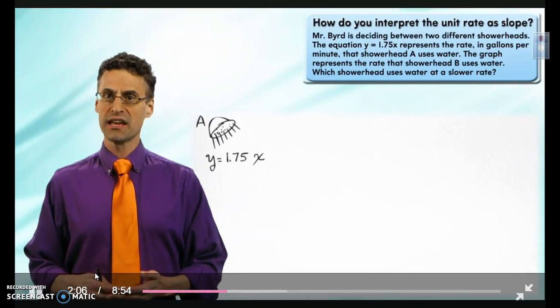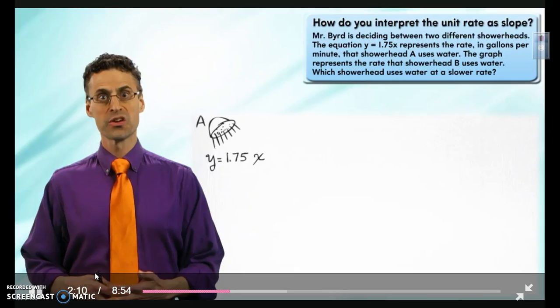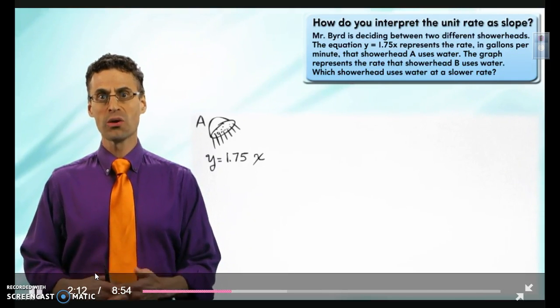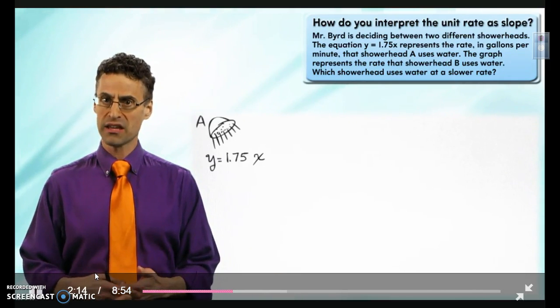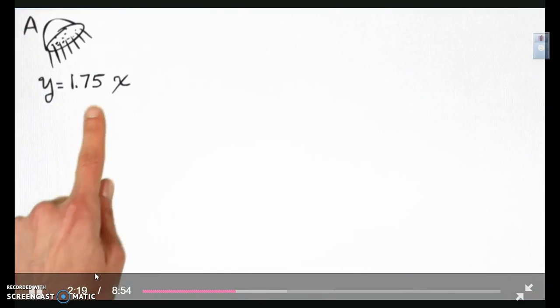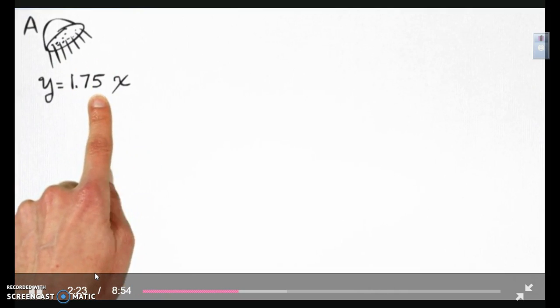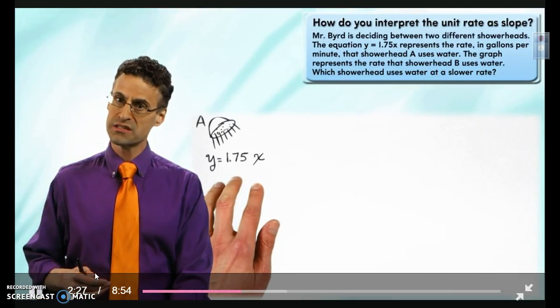It's also representing the graph of a straight line that passes through the origin. And we know what that constant of proportionality is, which we now think of also as slope, the same idea. It's just that constant number in front of the x. So 1.75 is that rate. 1.75 is the slope of this line.